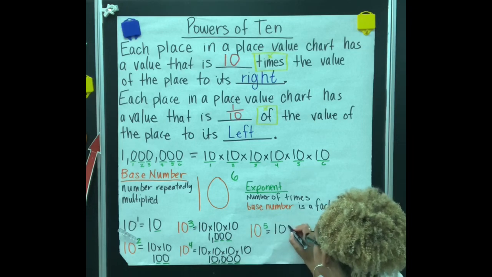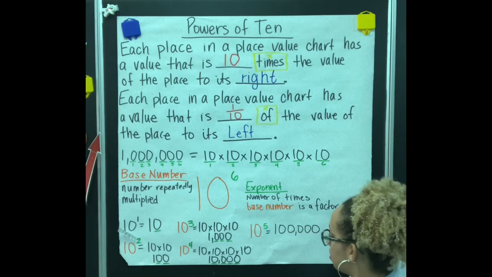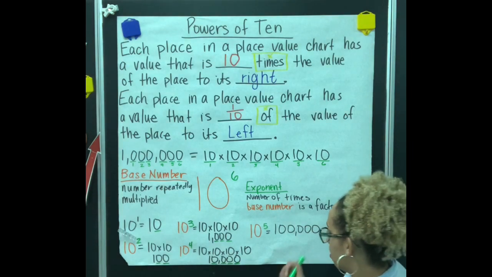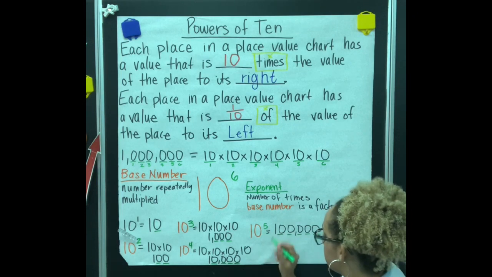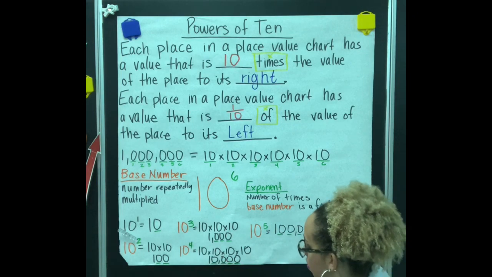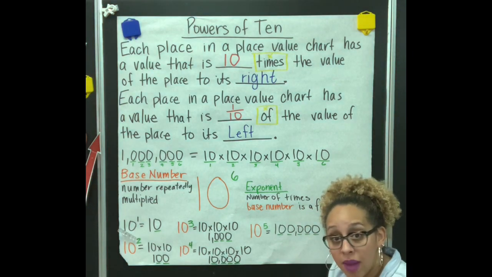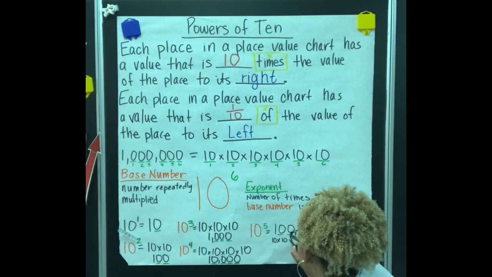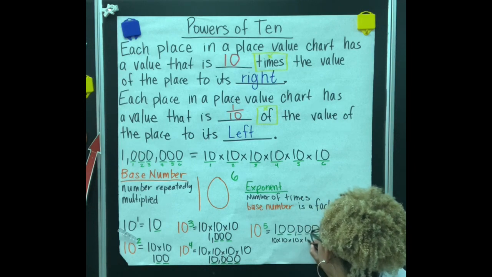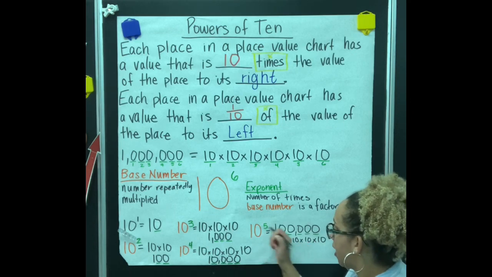It's going to be 100,000. Doesn't that follow our pattern? Remember, math is just a bunch of patterns. We have 5 zeros and 1, 4 zeros, 4. Well, how many times do we multiply 10 by itself to get this? 10 times 10, times 10, times 10, times 10. 1, 2, 3, 4, 5. 5 times, just like our exponent told us.